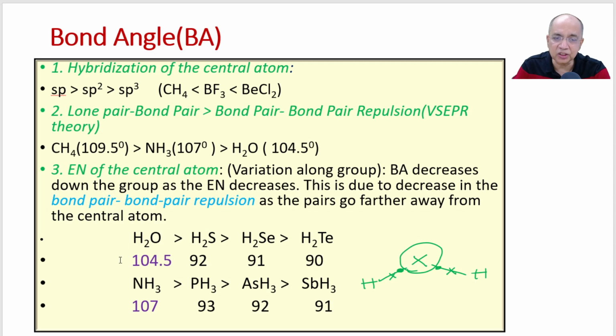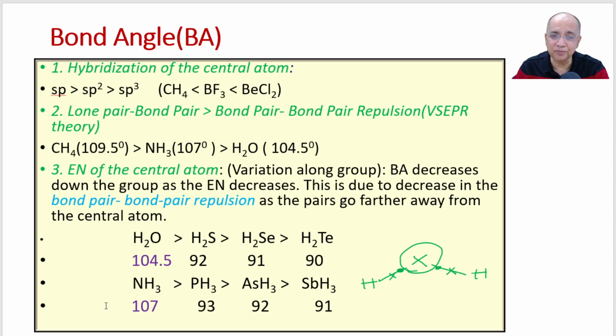Here, water is close to tetrahedral because oxygen uses sp3 hybrid orbitals, so it should be 109.5 degree, but because of the presence of two lone pairs, there is a little more separation, and the bond angle is 104.5. But all others are close to 90. Even if they are close to 90, there is a decrease because of the reasons I explained.